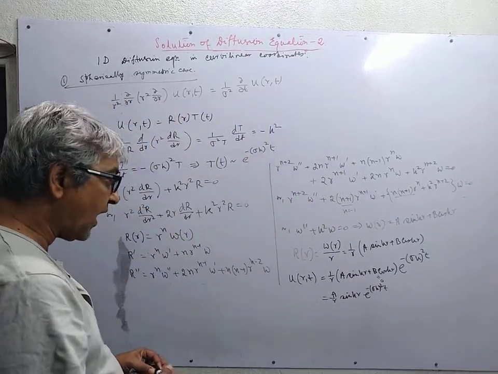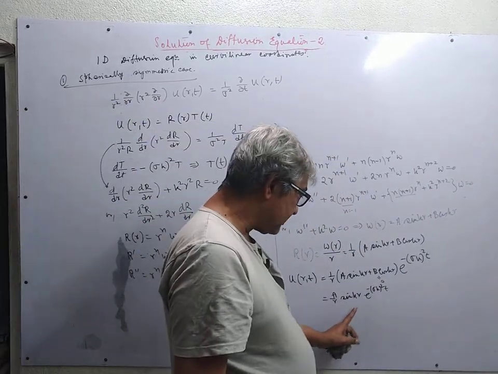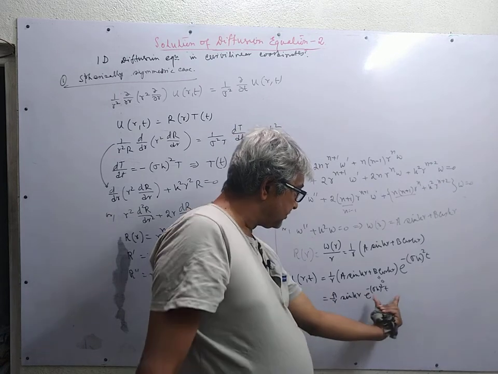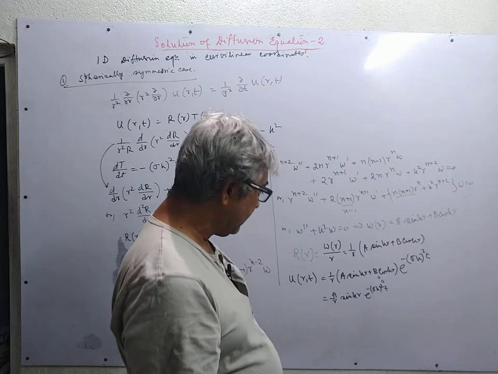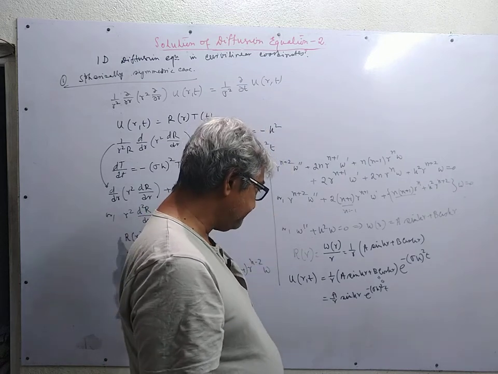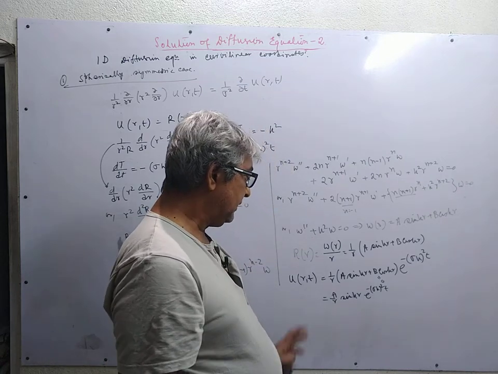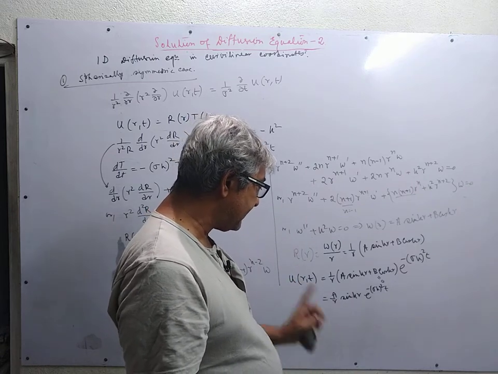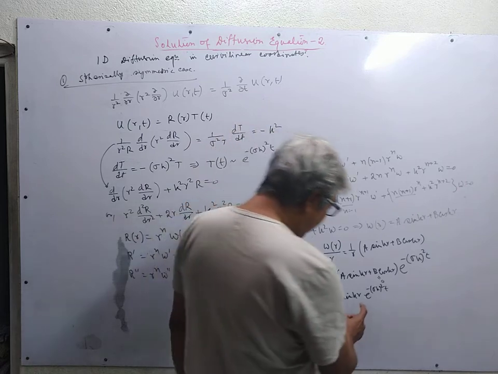This solution is finite at r equal to 0 because it is a k times this part, which will be the solution at r equal to 0. And if we say that the solution is 0 on the surface of a sphere of radius a, then we get a quantized value.